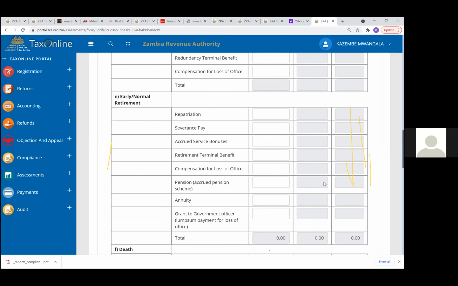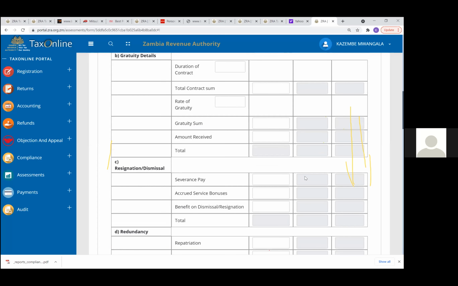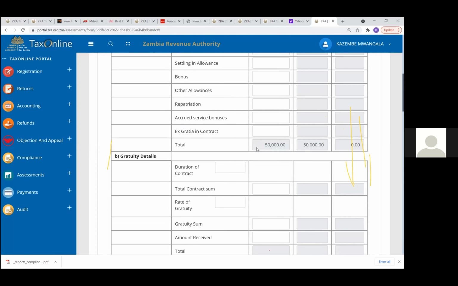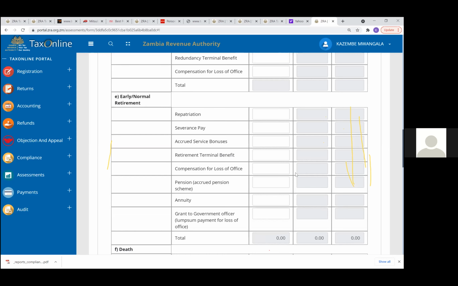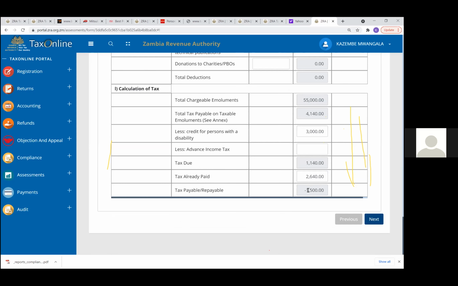now when ZRA does the assessment and finds that actually this person had a transport allowance of 5,000, we'll realize that the refund due to them will be 1,500. So you can see the difference.